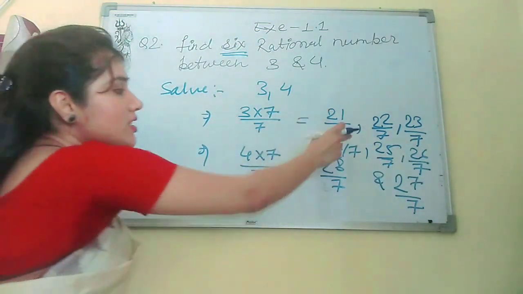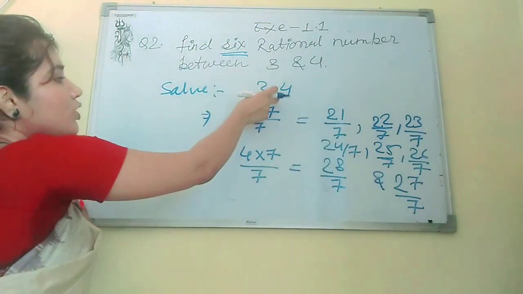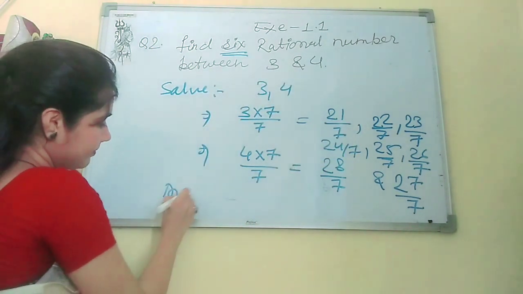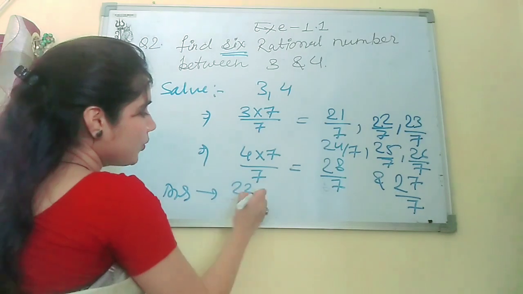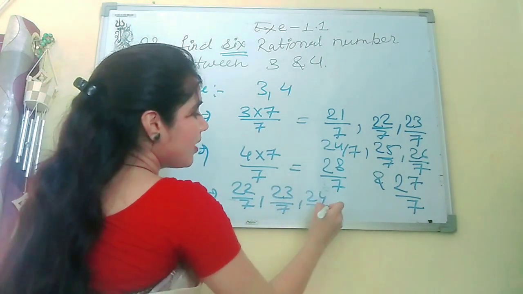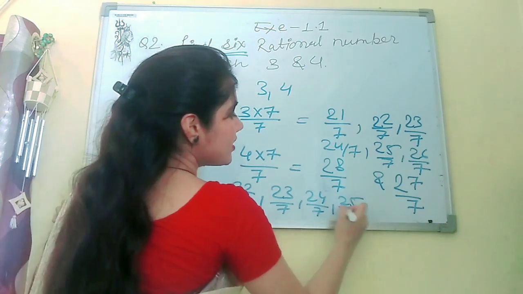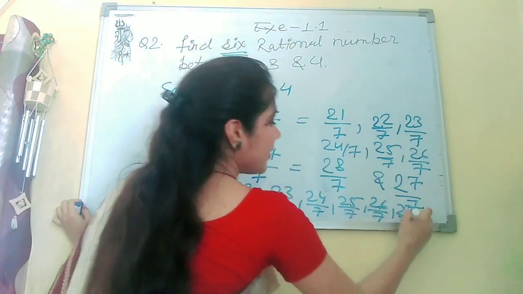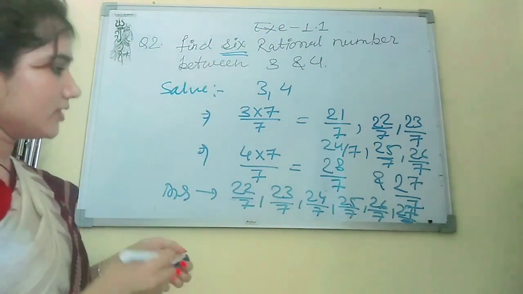These are the 6 numbers lying between 3 and 4. So our answer is 22 by 7, 23 by 7, 24 by 7, 25 by 7, 26 by 7, and 27 by 7. Just write it.